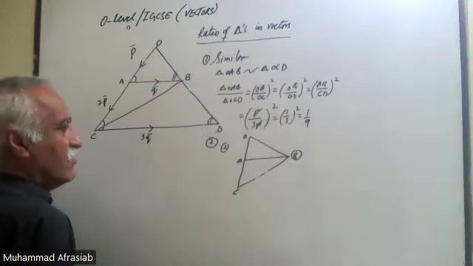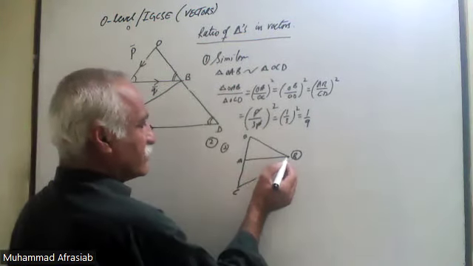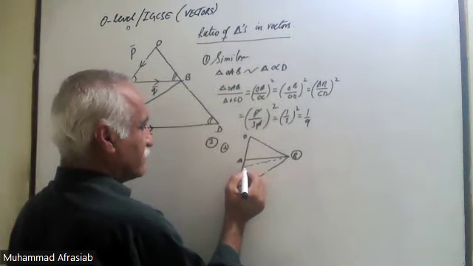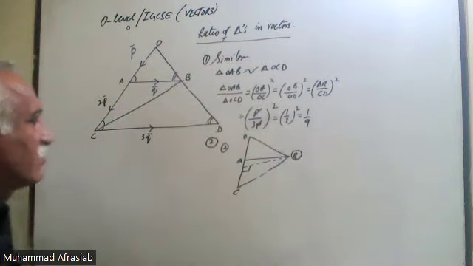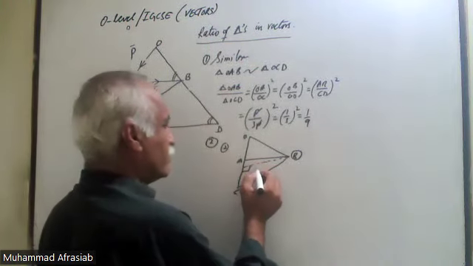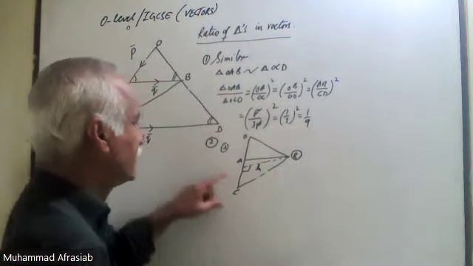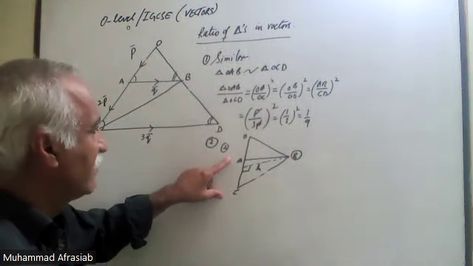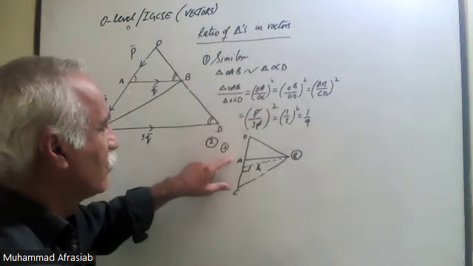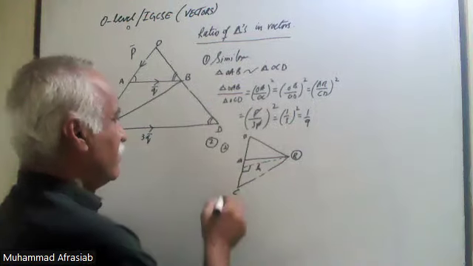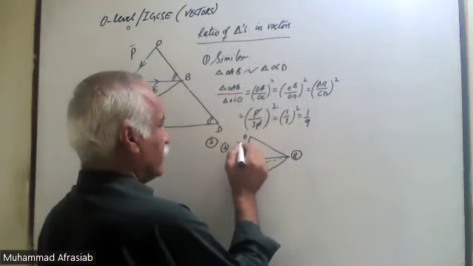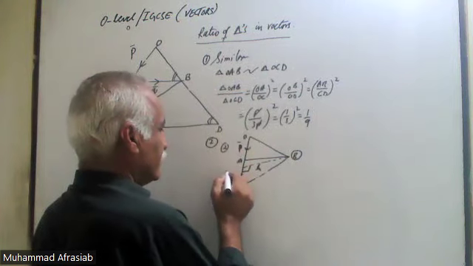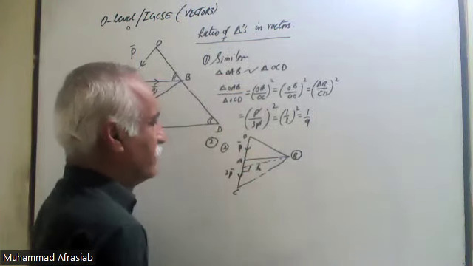So when they have a common vertex, if you draw this perpendicular height, this is the common height between these two triangles. This height is for ABC and this height is also for OAB, where OA is denoted by P and this is denoted by 2P.